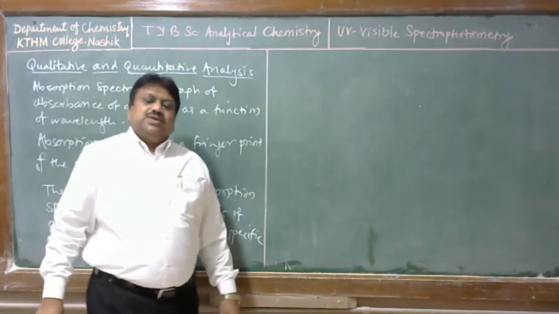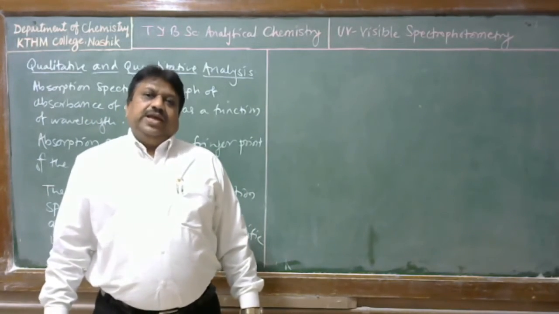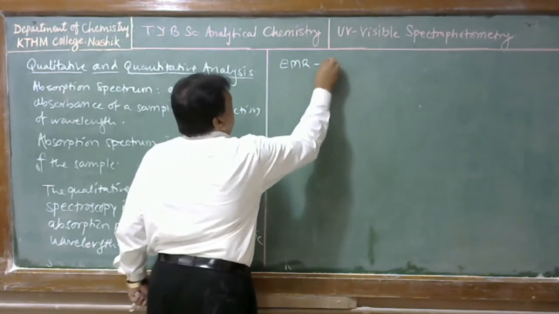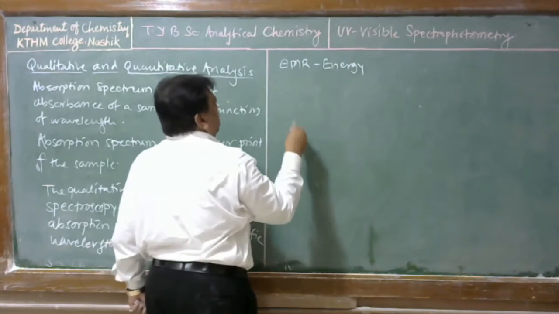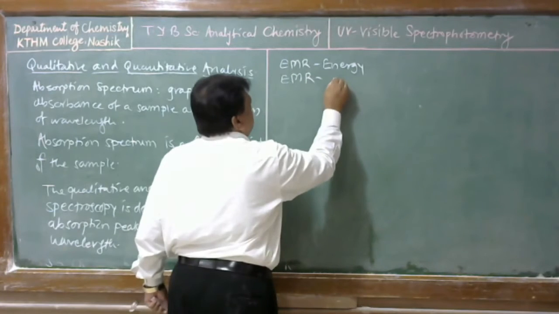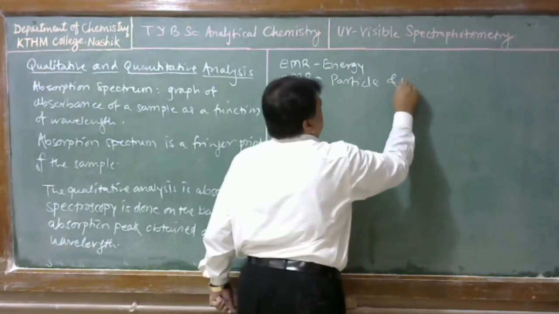Student, in the previous lecture we discussed the properties of electromagnetic radiation. Electromagnetic radiation is one form of energy, and it has a corpuscular nature, that is, a particle nature, as well as a wave nature.